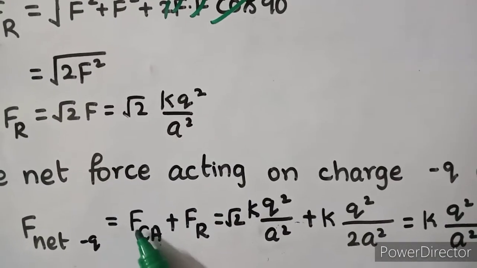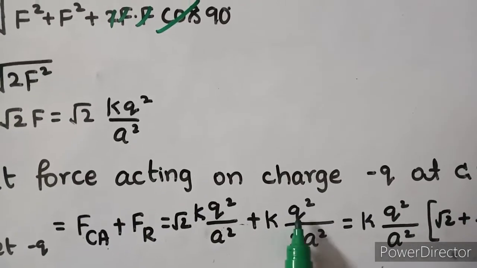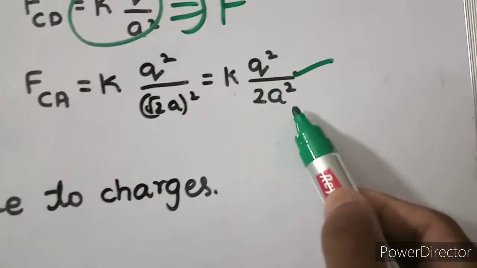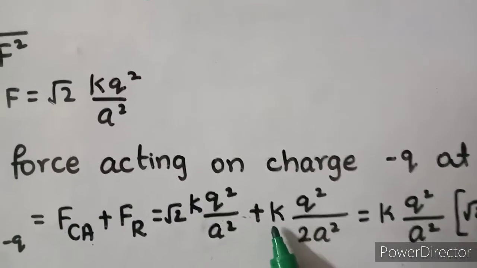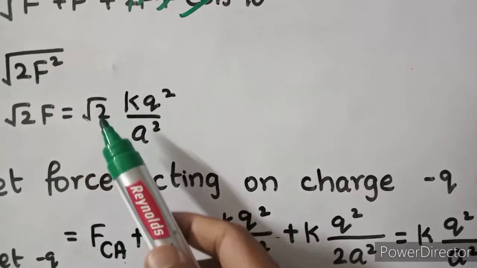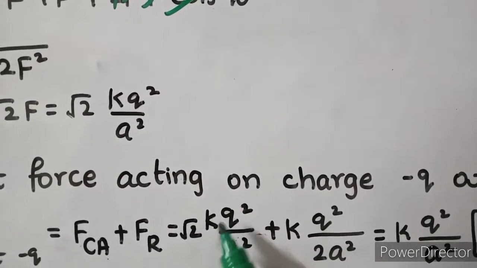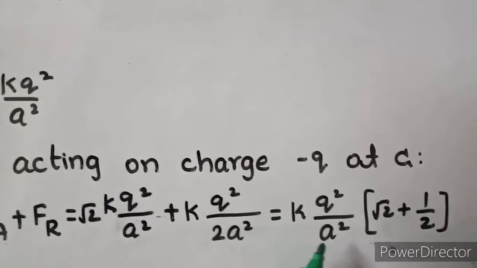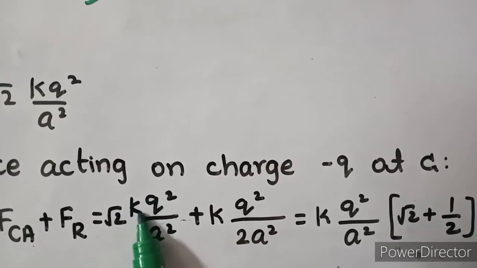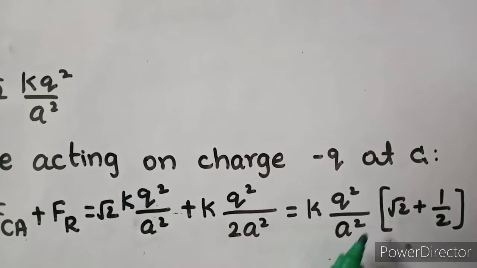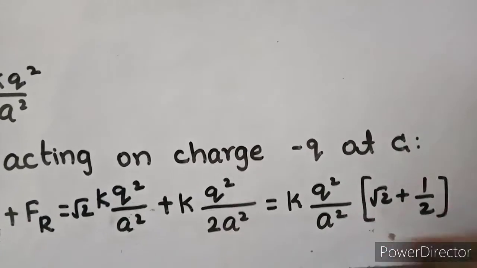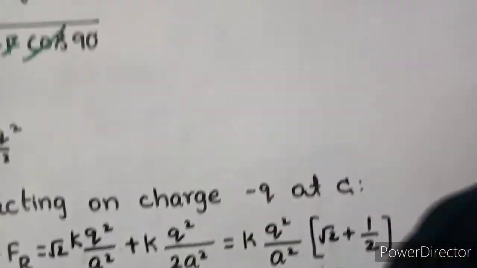So F CA is given by K Q square by 2 A square plus the resultant force, which is root 2 K Q square by A square. If you take K Q square by A square common here, you will get root 2 plus 1 by 2. You can take the LCM also here.